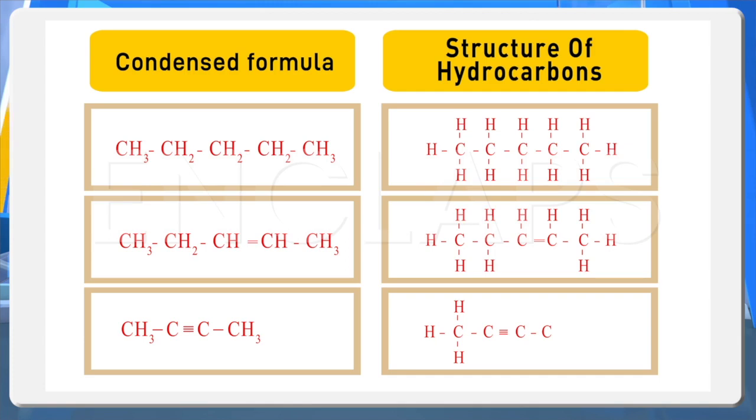Why? Because already the valencies of carbon atoms are filled. Then in the fourth carbon atom, there are 3 hydrogen atoms. Okay, now we get the structure of CH3, C triple bond C, CH3.